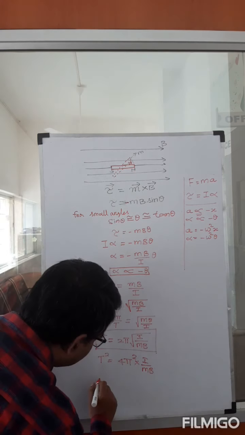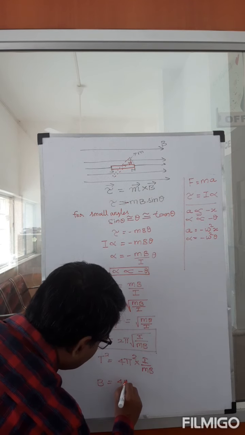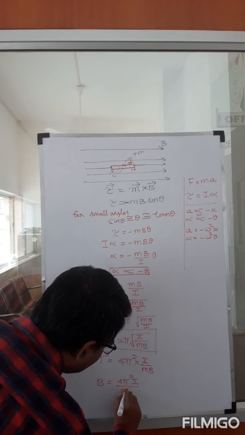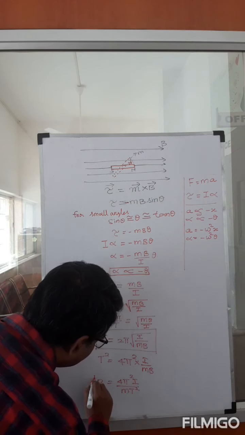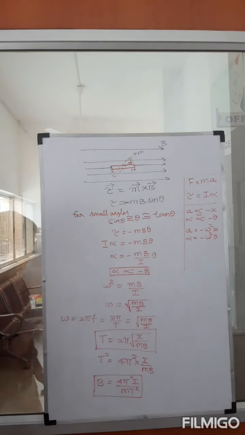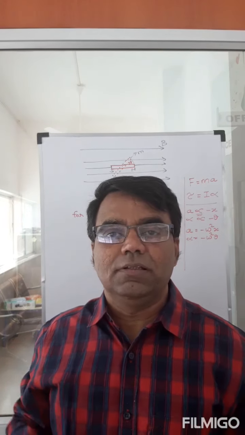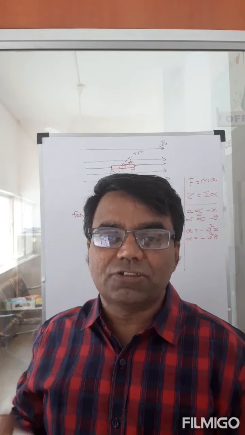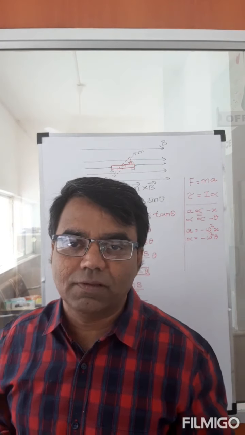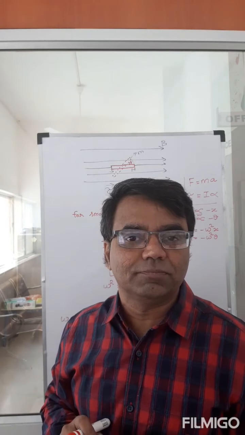So B will be equal to 4 pi squared I by m T squared. So this way I can also calculate the field strength of the Earth's magnetic field at this point. Hope this is clear to you.